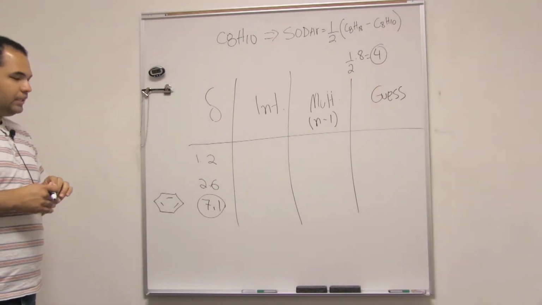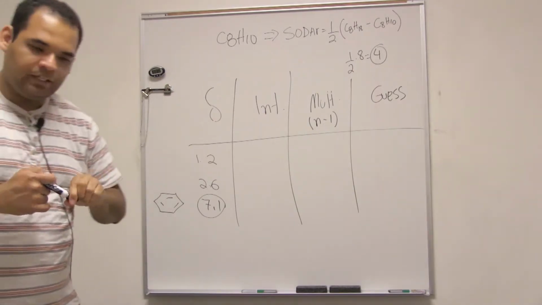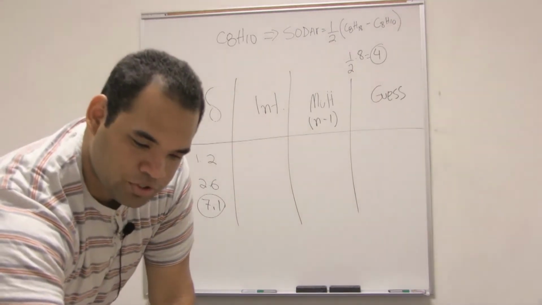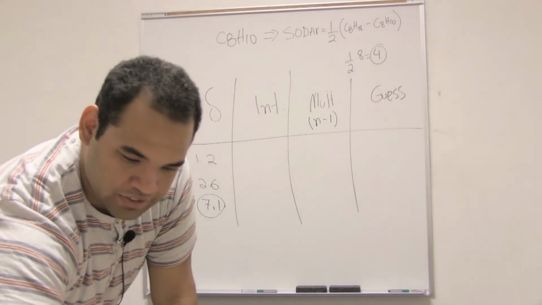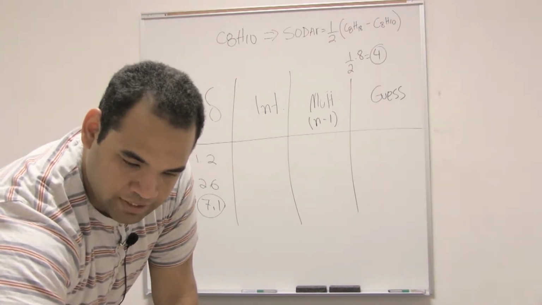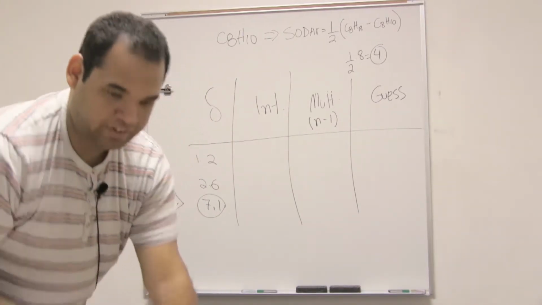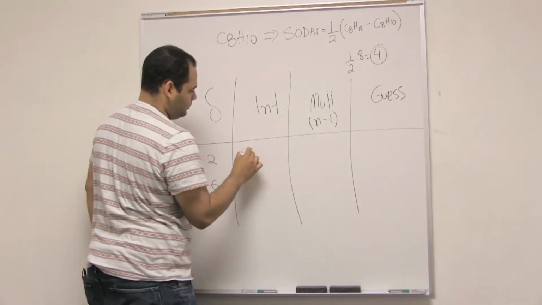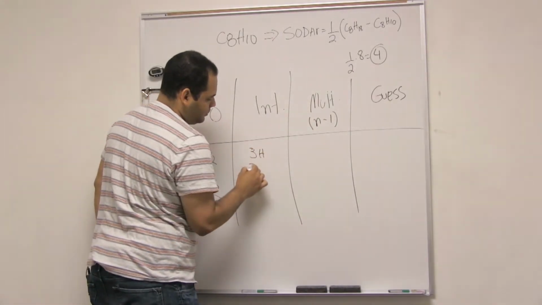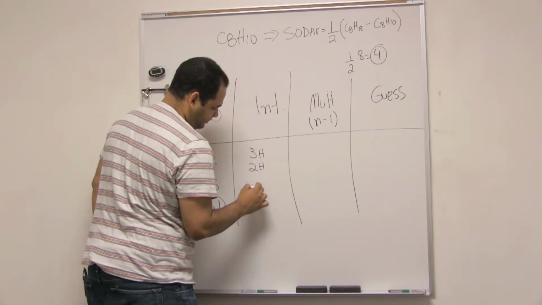Okay. And then I go for integration. So here it says for 1.2 I have 3 hydrogens, for 2.6 I have 2 hydrogens, and for 7.1 I have 5. So 3, 2, and 5.